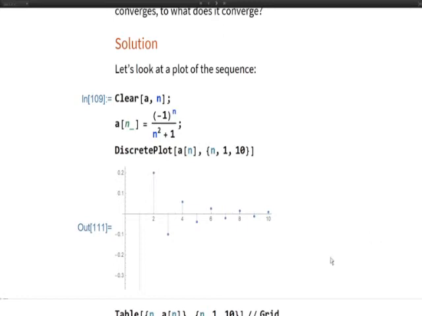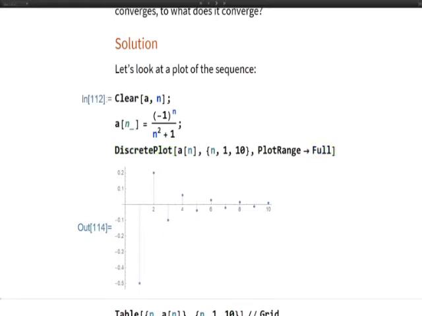It goes up here, down. It looks like the negative 1 term is cut off a little bit. Let's try and fix that. Let's see, Full. There we go.